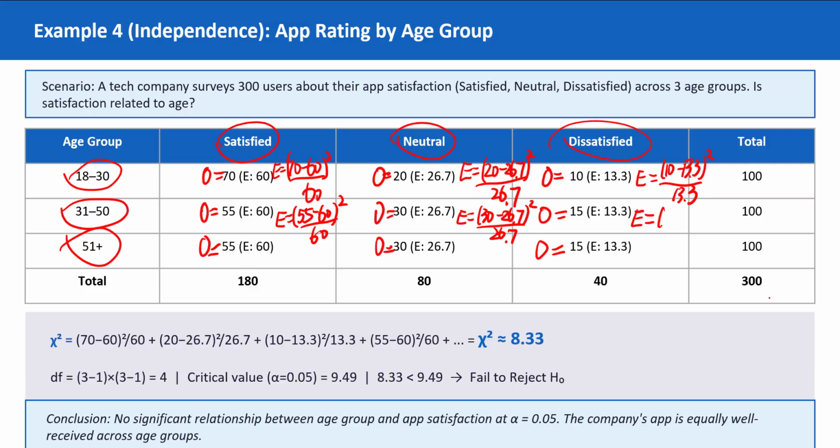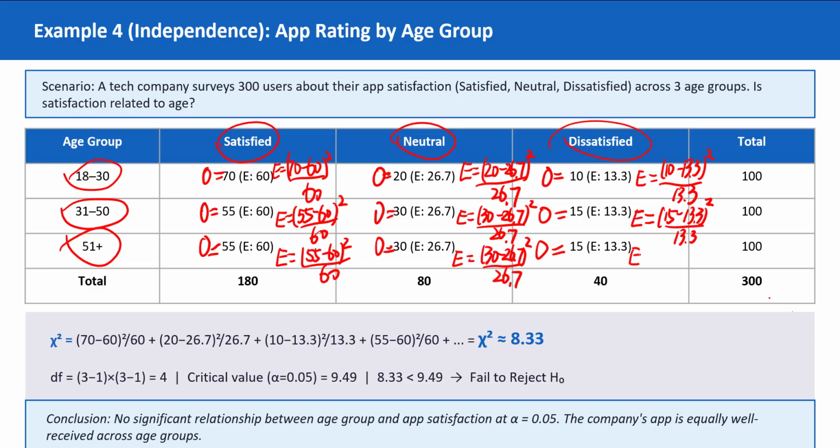The sixth one will be 15 minus 13.3 squared over 13.3. And then the seventh one is going to be 55 minus 60 squared over 60. The eighth will be 30 minus 26.7 squared over 26.7.